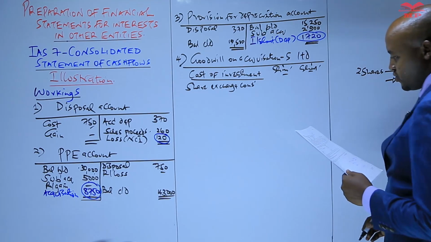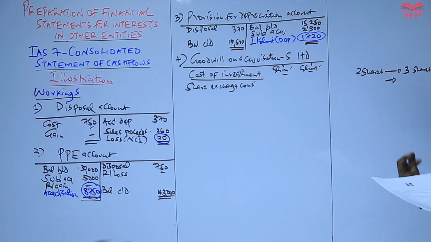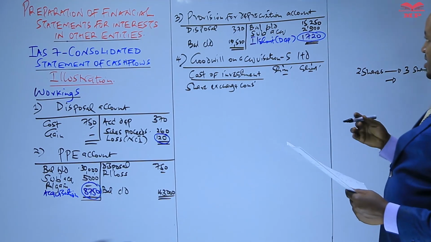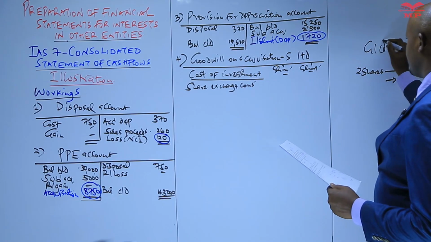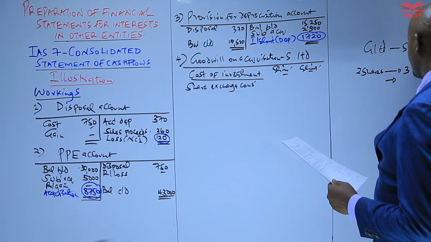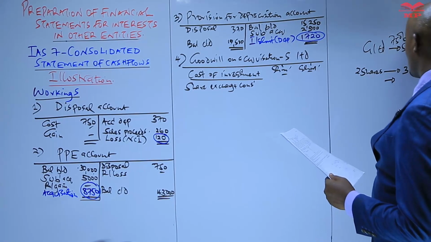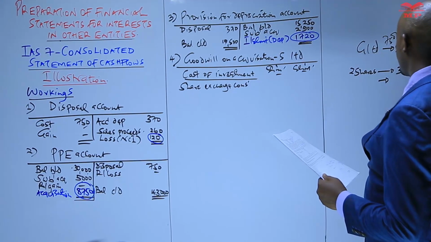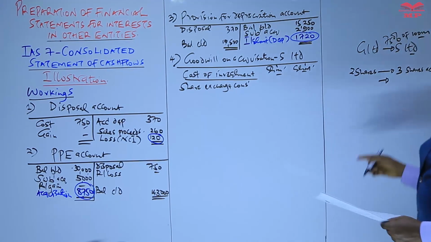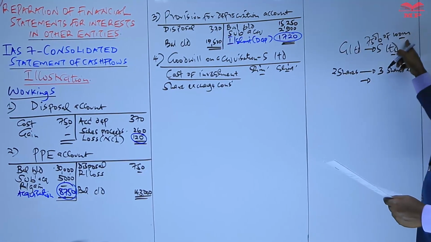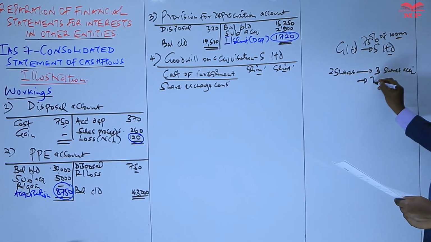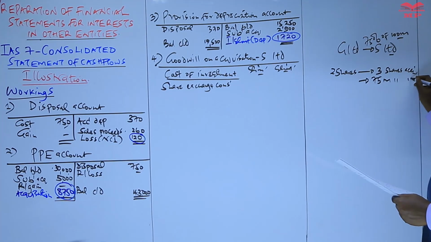So in this case, what we need to do, we need to determine how many shares were acquired by the parent company, that is G Limited, in S Limited, because we are told G Limited acquired 75% of 100 million shares of S. So the shares which were acquired automatically will be 75% of this, which will give us 75 million. These are the shares which were acquired.